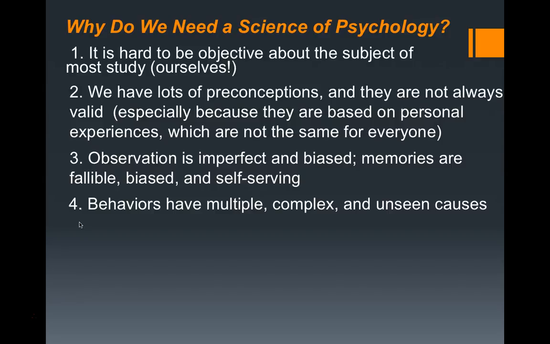And you might be led to think that, oh, there's the cause, there's the effect. But there are, in all likelihood, other possible causes. Behaviors are caused by multiple things in complex, interacting ways. And we need a scientific methodology to tease out those multiple, complex, and potentially unseen causes.